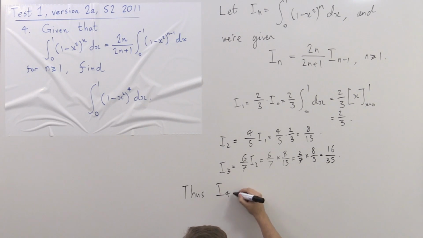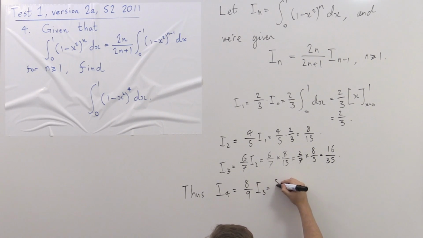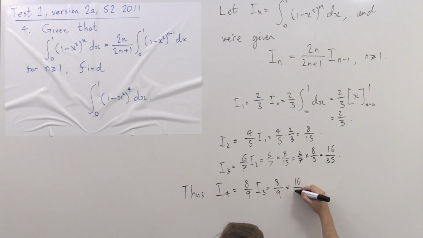I4, which is what we're asked to find, is equal to 8 over 9 times I3, or 8 over 9 times 16 over 35.